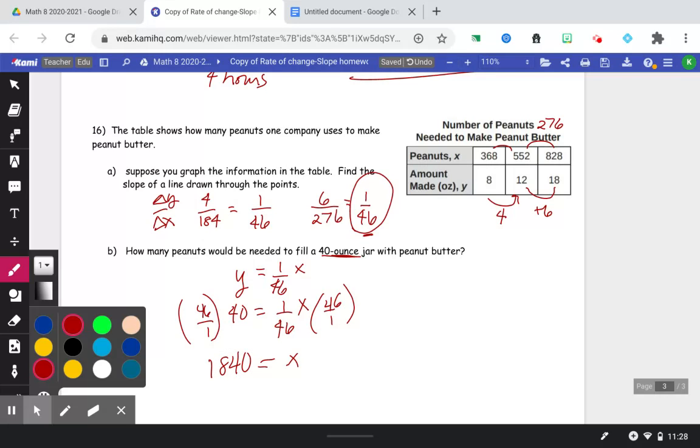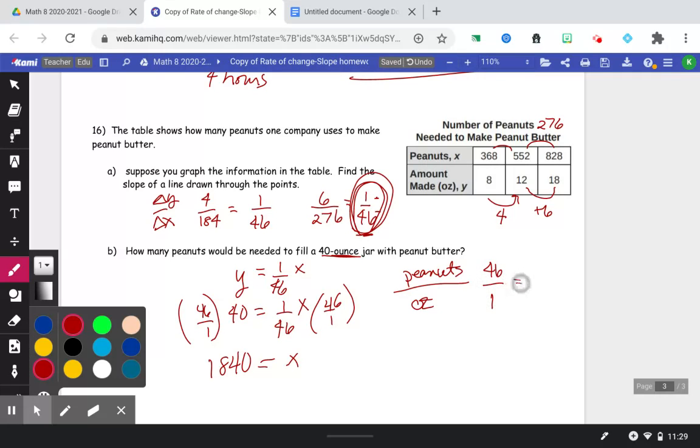Or you could set up a proportion, okay? You could think peanuts to ounces, okay? I know right here with this ratio, for every 1 ounce, it takes 46 peanuts. So 46 peanuts to 1 ounce.